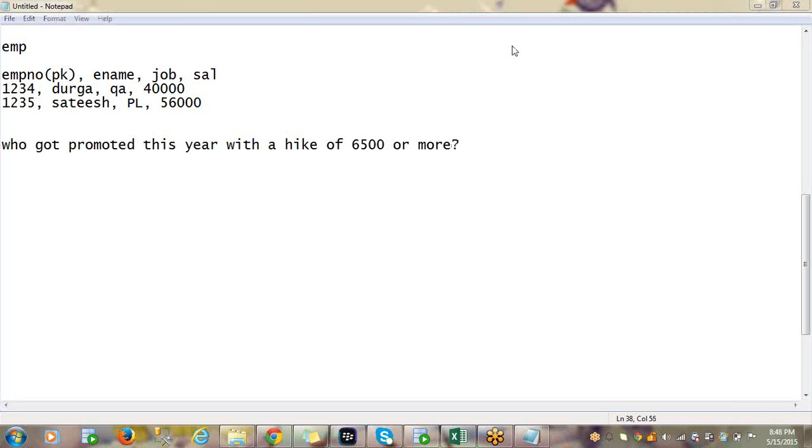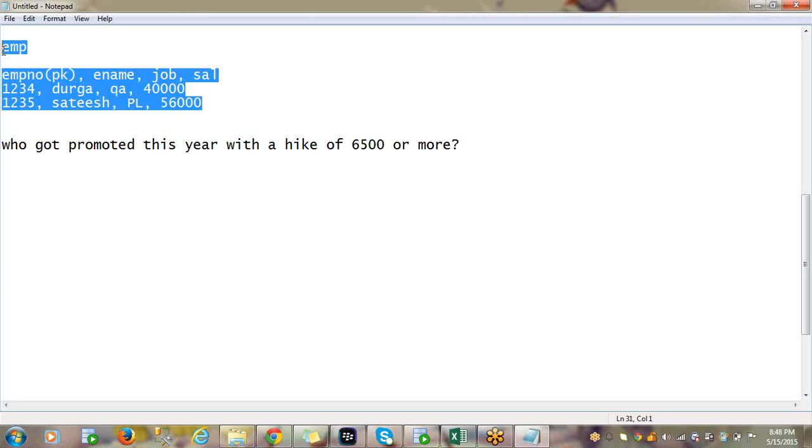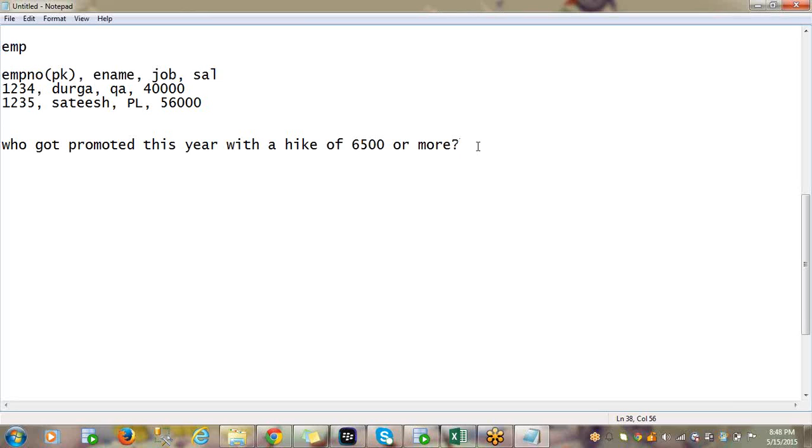Who are the employees who got promoted this year with a hike of 6,500 or more? That means there has to be a change in job, also a change in salary, and that too greater than or equal to 6,500. Now we have this particular data within this EMP table. Looking at this data, can I give this information?